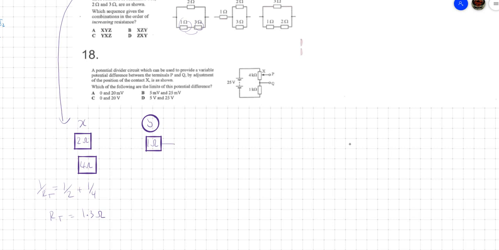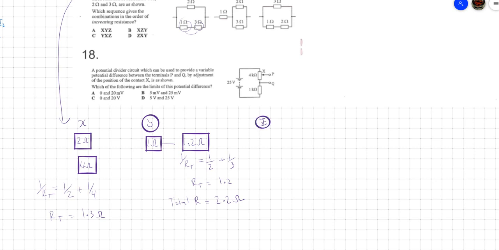The one in parallel is going to be 1 over 1.2 plus this one, and then we need to flip this, so this will give me 1.2 ohms. So therefore the total R is 2.2, and then Z is there, so this is my Z.